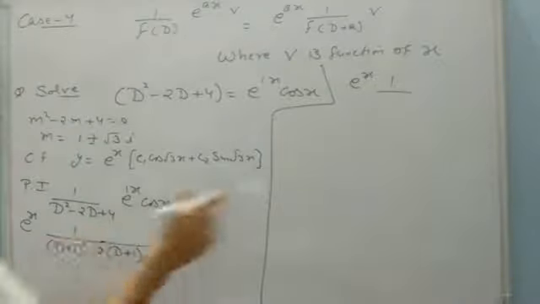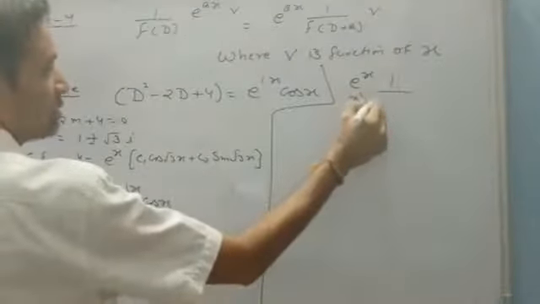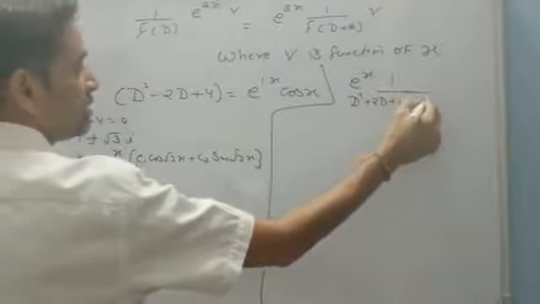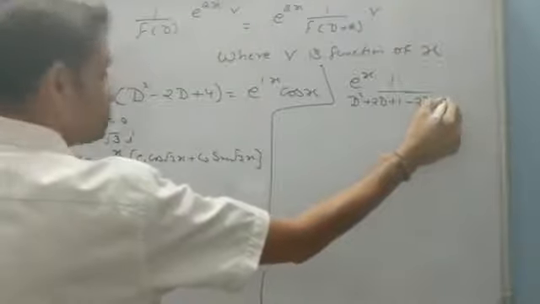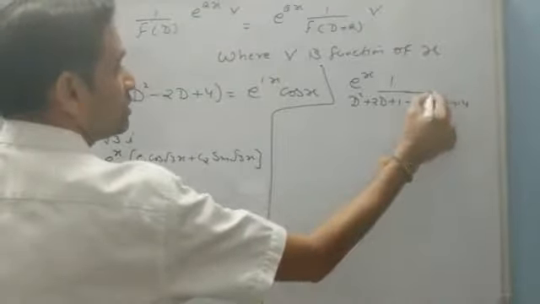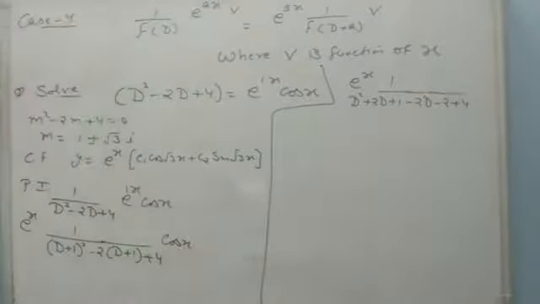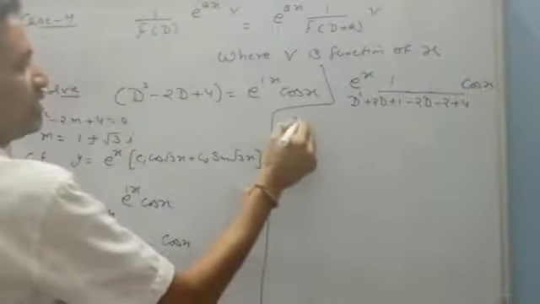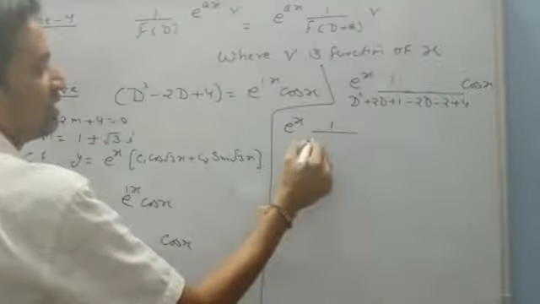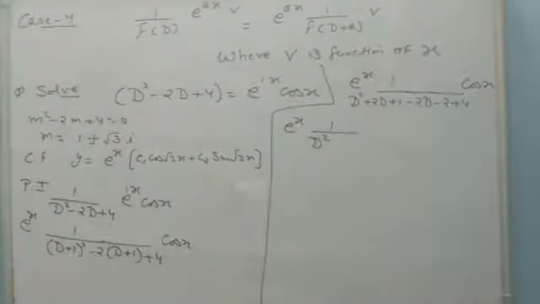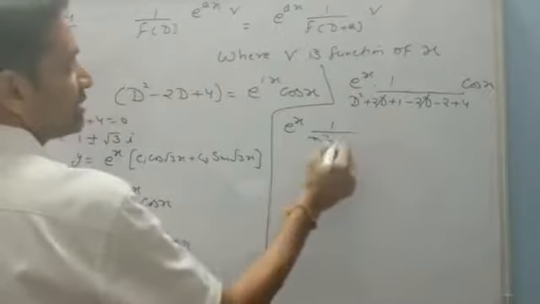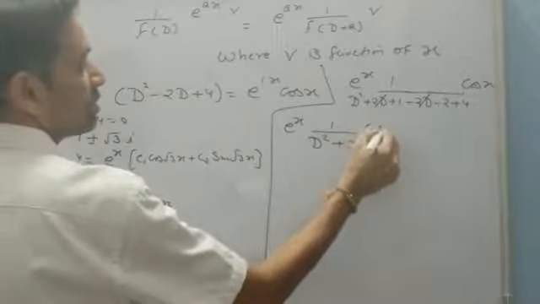D square plus 2D plus 1 minus 2D minus 2 plus 4, of x, or e to the power x, 1 upon D square plus 3, of x, since 2D and 2D cancel out and 4 plus 1 minus 2 is 3.